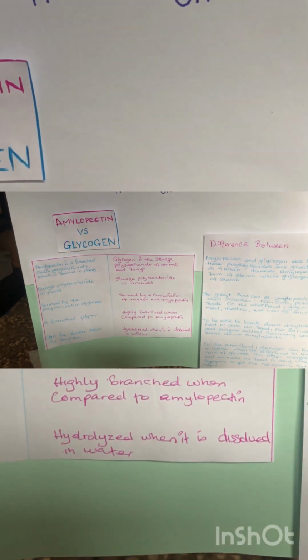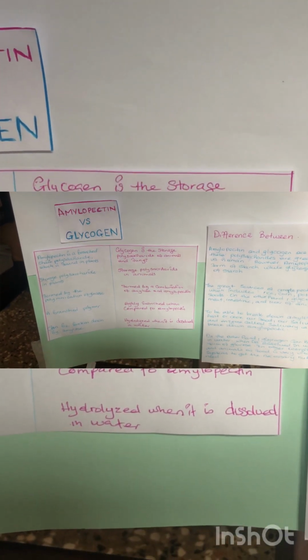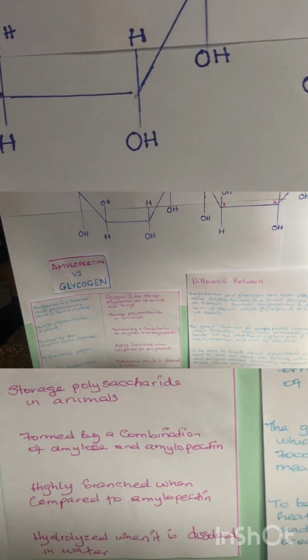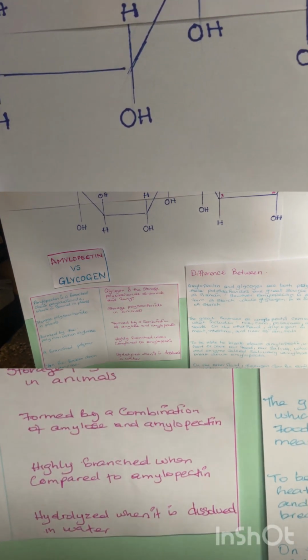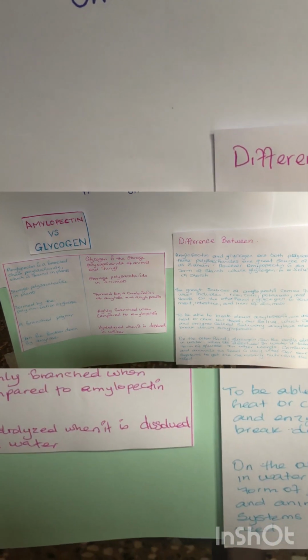The glycosidic bond on the glycogen is in a helical fashion, and they branch every 10 or so units, whereas the amylopectin would branch at intervals of every 24 to 30 glucose. So let's delve into that a little, about the differences between amylopectin and glycogen.